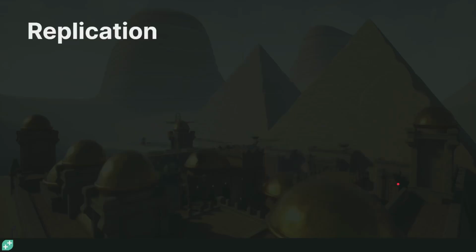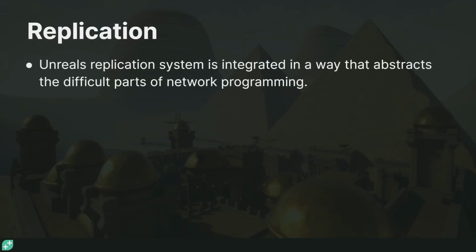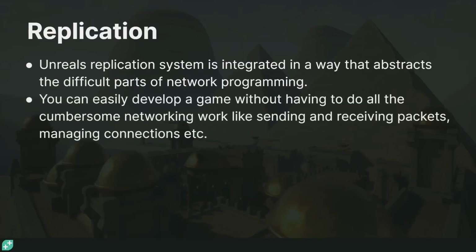We're going to talk a little bit more about the replication system. Unreal's replication system is integrated in a way that abstracts the difficult parts of network programming. When you're doing network programming, you need to handle things like sending and receiving packets, managing connections, opening up sockets, and all sorts of things that you need to learn before you can really make something.